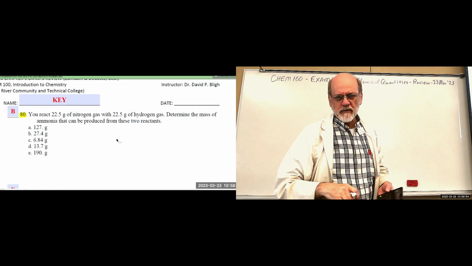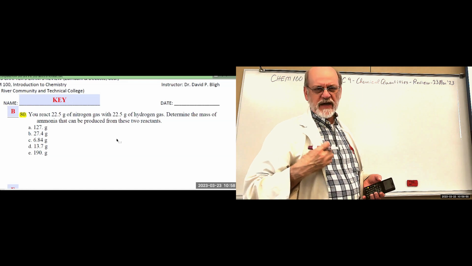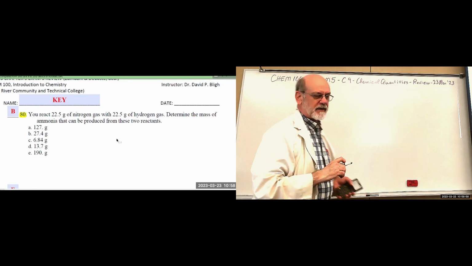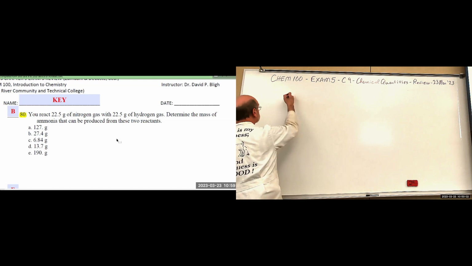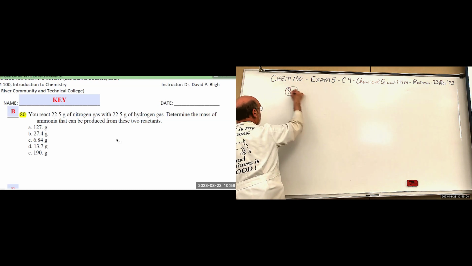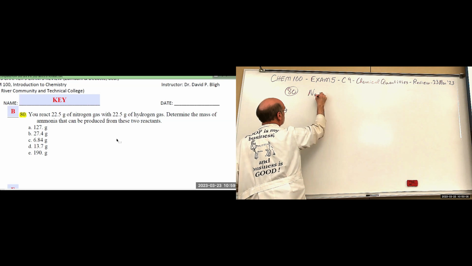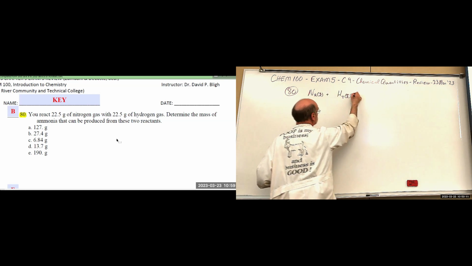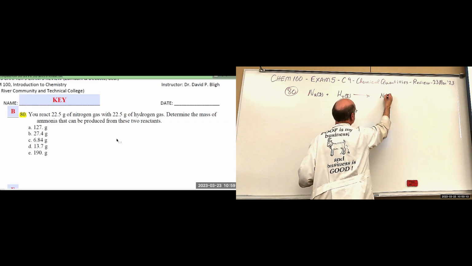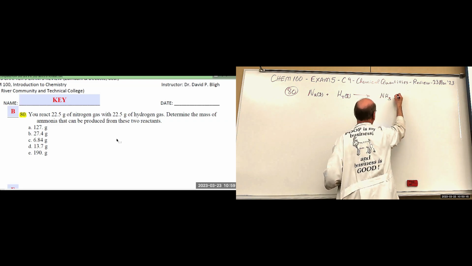Nitrogen gas reacted with hydrogen gas, determine the mass of ammonia that can be produced. All right. If you don't already have this one memorized, nitrogen gas reacts with hydrogen gas to produce ammonia gas.